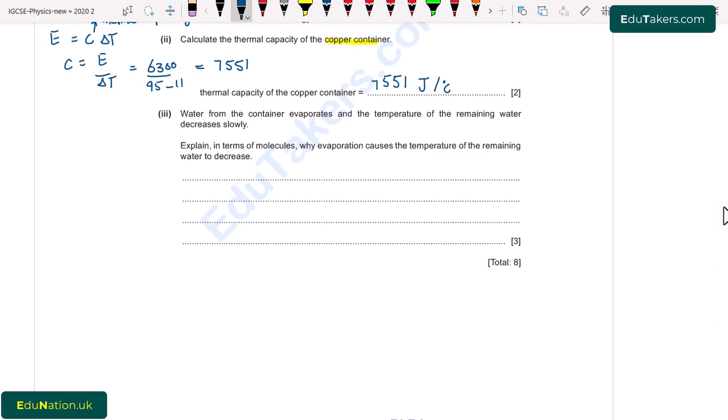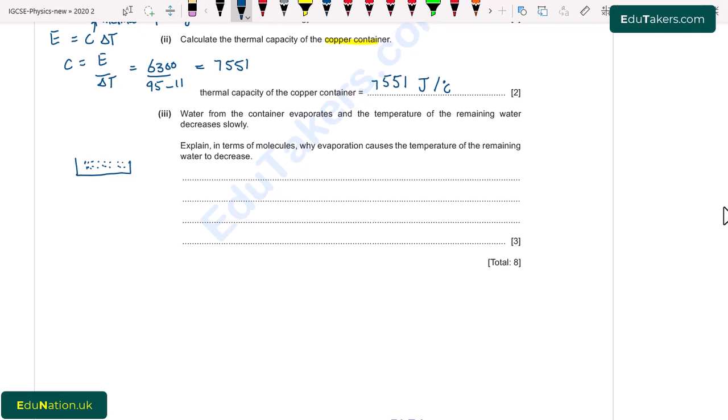So, if I consider that this is a tub and there are a large number of molecules, some of these molecules have a lot of energy while some molecules have a small amount of energy.